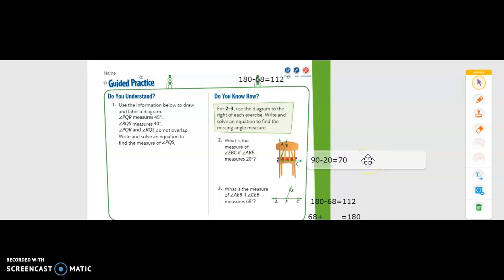Remember that addition and subtraction are inverse operations of each other. So you would just have to find the missing part. And we did that up above. 180 minus 68 would give us 112.